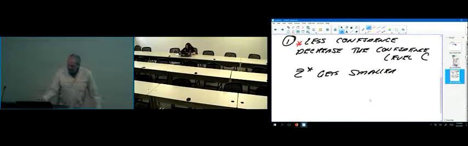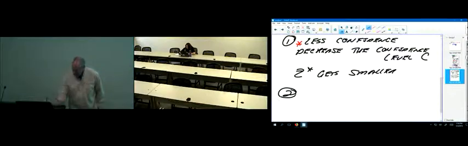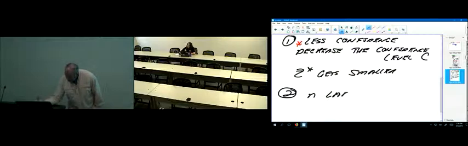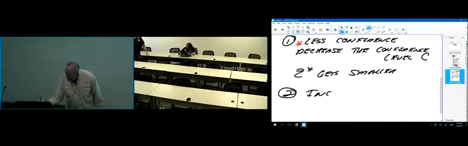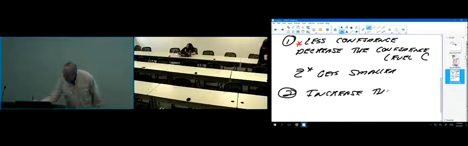One other way that I see that we can make m smaller: increase sample size n.